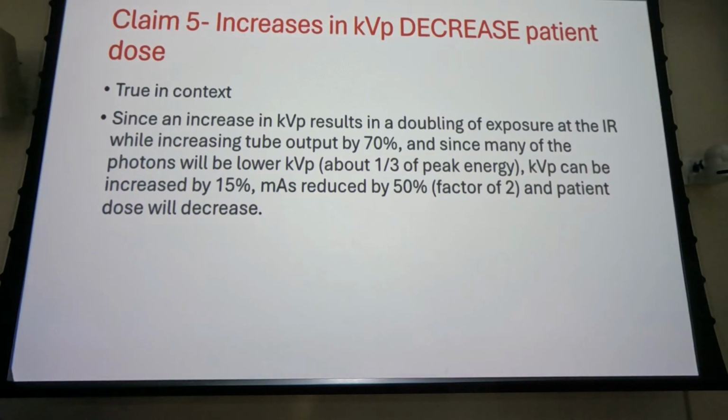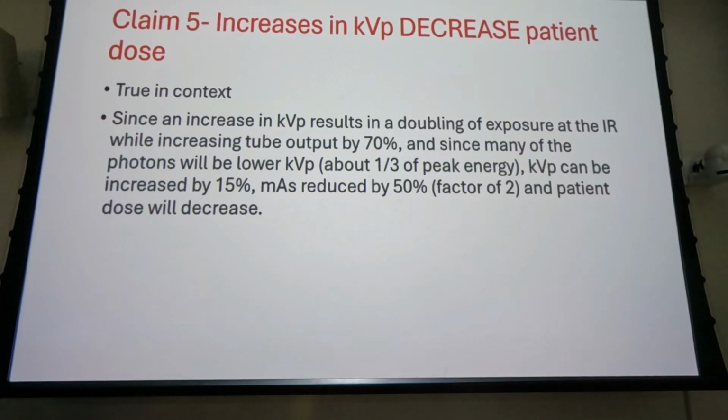What can you do? Because if you go back in and shoot her with the exact same technique, you're going to exactly double the dose. What can you do to not have as high a dose to that patient? Lower mass, raise kVp. Decrease mass, increase kVp. Increase kVp by 15%, cut your mass in half, right?